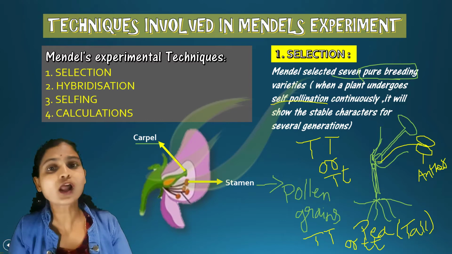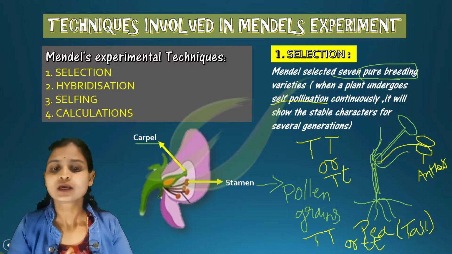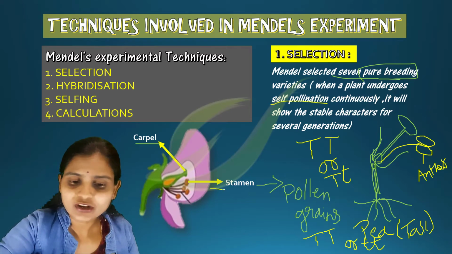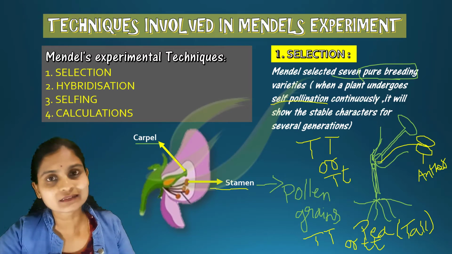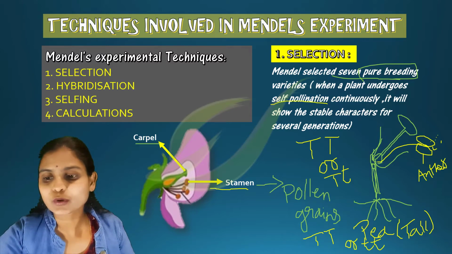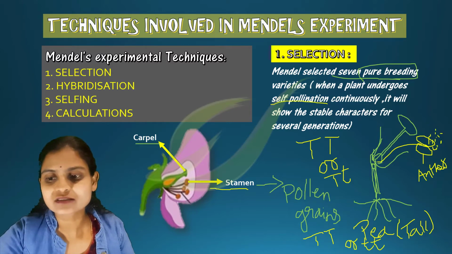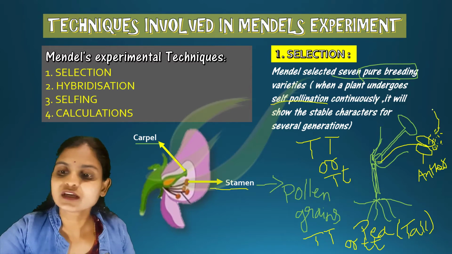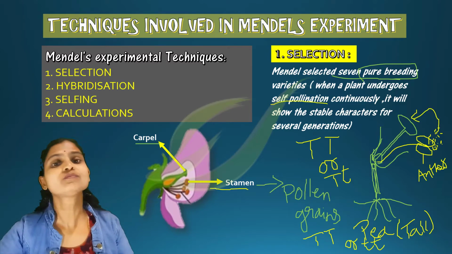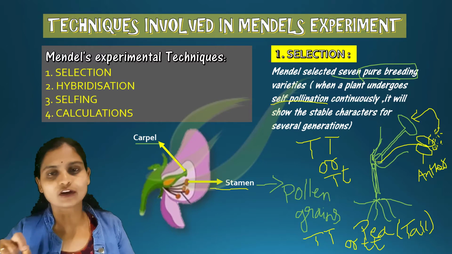Selfing means self-pollination. Selfing or self-pollination means he collected the pollen grains from the stamen. You know very well that the stamen has anthers. This anther will produce pollen grains, the male gamete. Now, he deposited these pollen grains on the stigma of the same flower.